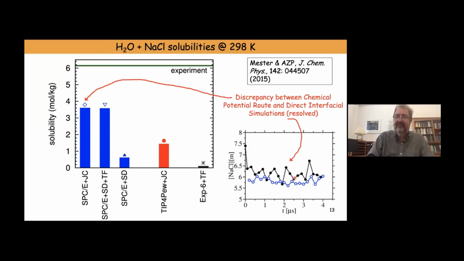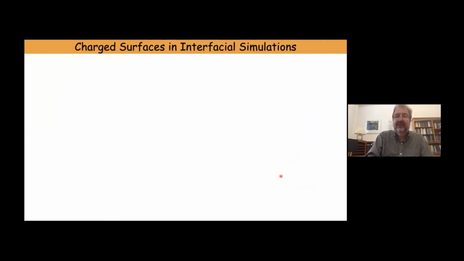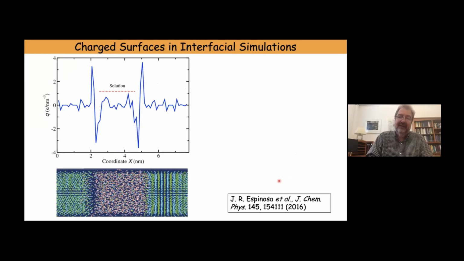Why are the molecular dynamics interfacial calculations not matching our free energy calculations? And it turns out that there are very subtle effects in interfacial calculations having to do with the charged interfaces. So if you have a salt crystal and solution, the interface of the salt is charged. I mean, it absorbs ions differently. Different ions are absorbed differently. You have these strong dipoles at the interface, and the dipoles see each other through the low dielectric crystal.